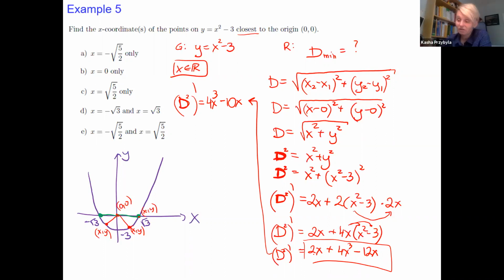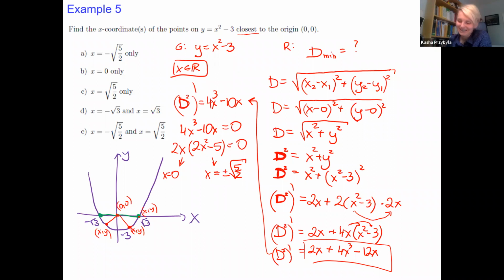Okay, the derivative is 0 if 4x cubed minus 10x is 0. I can factor out 2x times (2x squared minus 5), and then x is 0, and x will be positive or negative square root of 5/2.